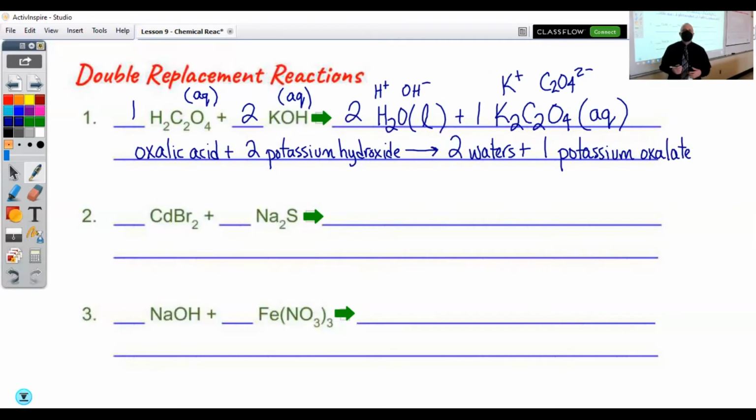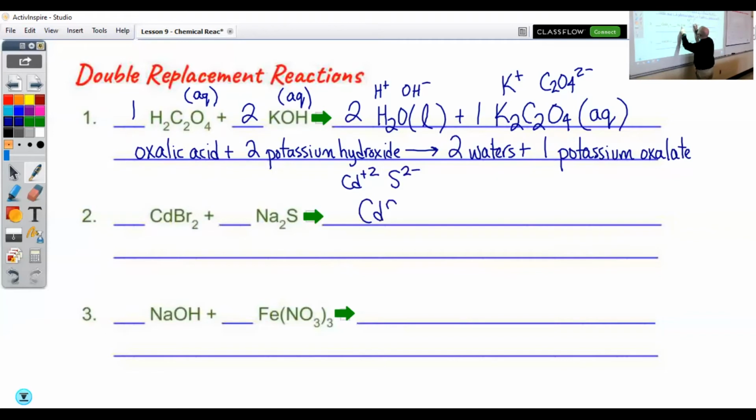Now let's look at example number 2. In this case, we have cadmium bromide reacting with sodium sulfide. The charge on cadmium, you can tell, is +2. Bromine is -1. There are 2 bromines here. So cadmium has to be +2, or 2 positive, and it's combining with sulfide, which is 2 negative.